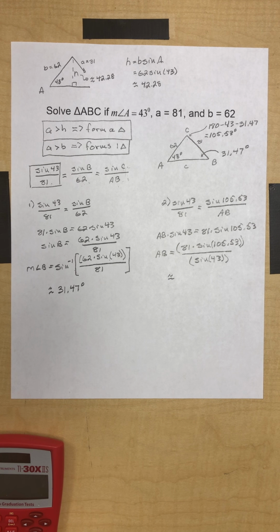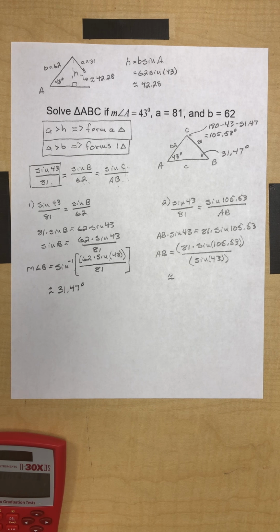So let's see, parenthesis, 81 times the sine, parenthesis comes up, 105.53, and I need a parenthesis for the angle measure, and then a parenthesis to separate the numerator from the denominator, divided by, I need a parenthesis, sine, and a parenthesis pops up, 43, so a parenthesis for the 43, and then a second parenthesis to separate the denominator from the numerator, and then just hit enter.